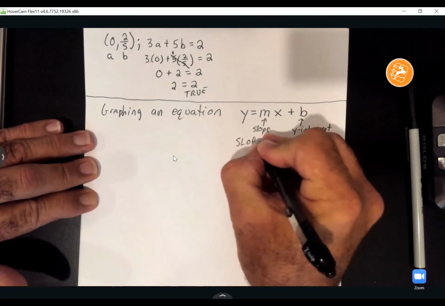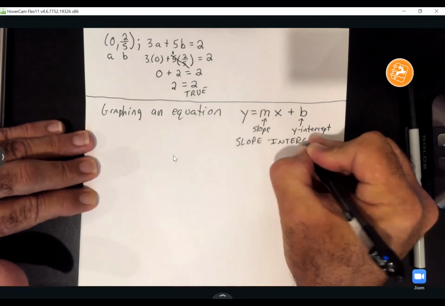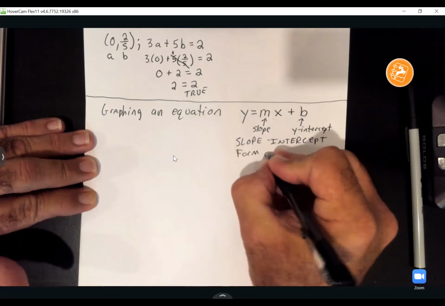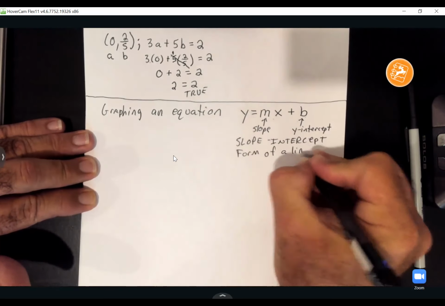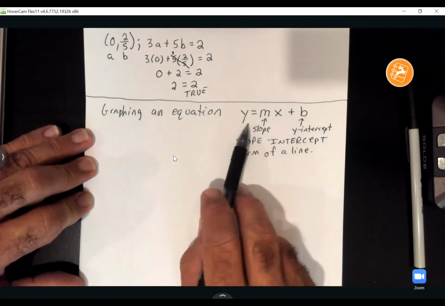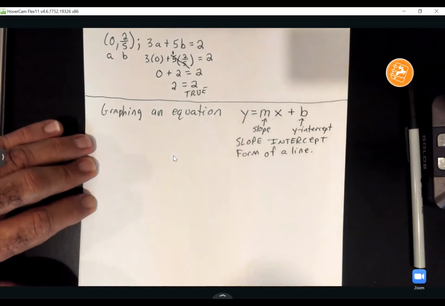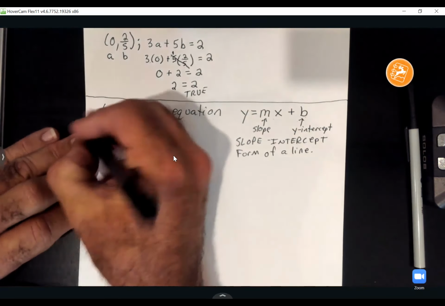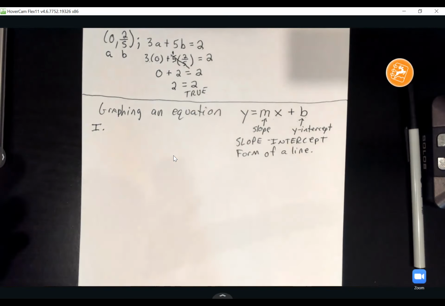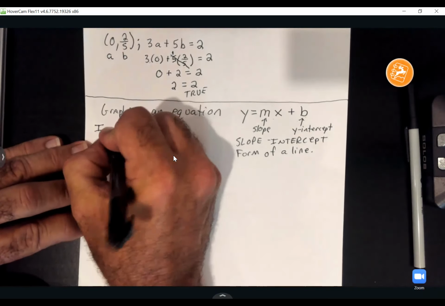So this is the slope-intercept form of a line. And usually when I graph, I try to get it solved like this is. Get that y by itself equal to the rest of it, okay? So to graph a line, I'm going to set up a table.